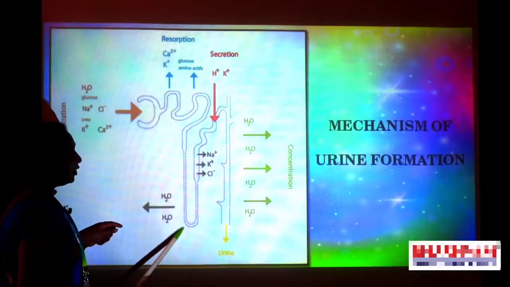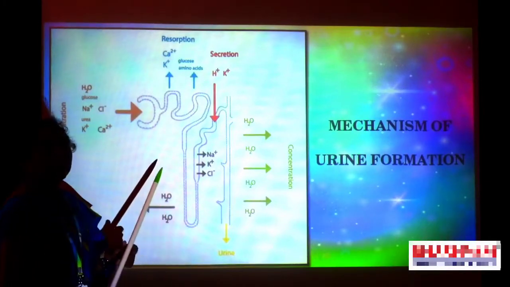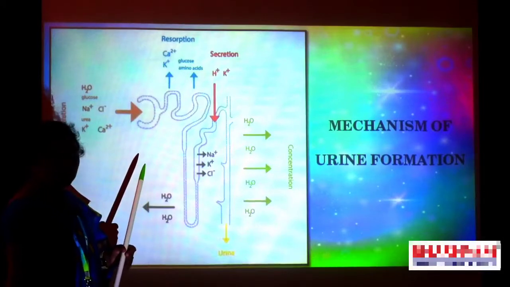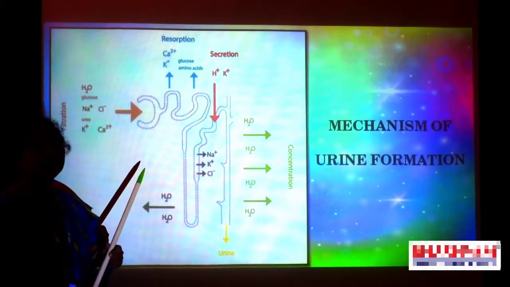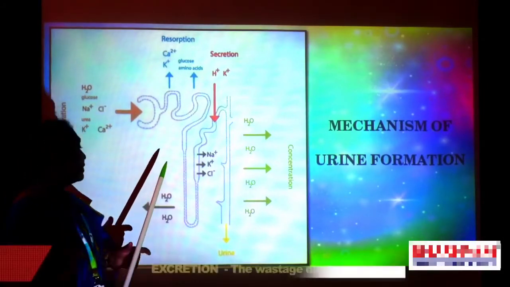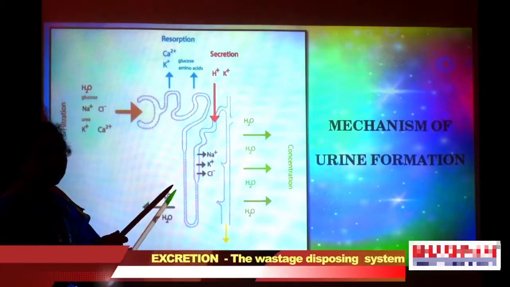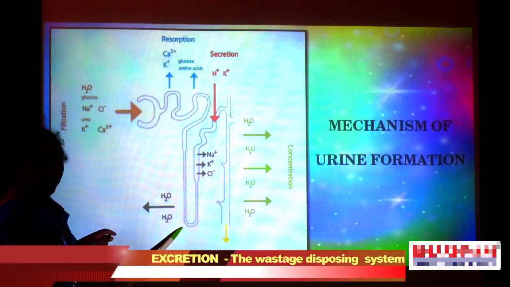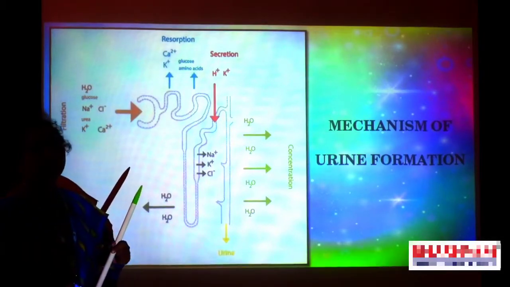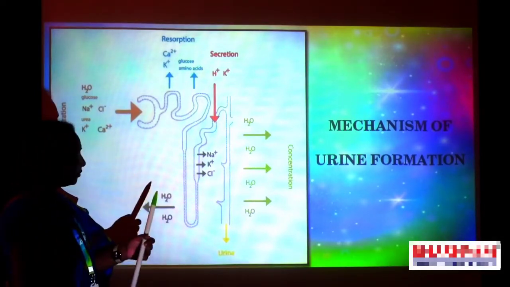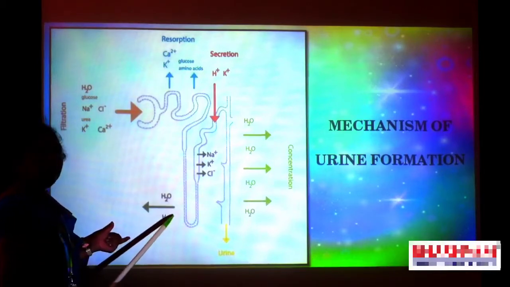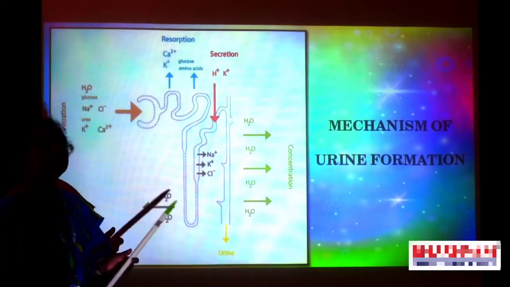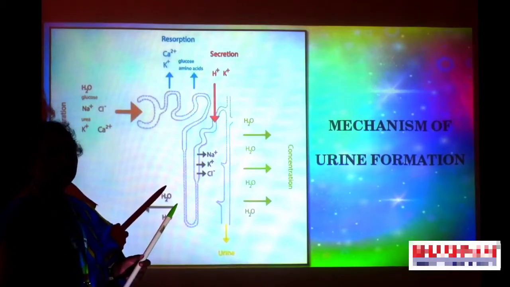This loop of Henle is surrounded by a number of blood capillaries. What do we call them? Peritubular capillaries. These peritubular capillaries which surround this loop of Henle, we call vasa recta. Here, between this vasa recta and the loop of Henle, one special mechanism takes place.